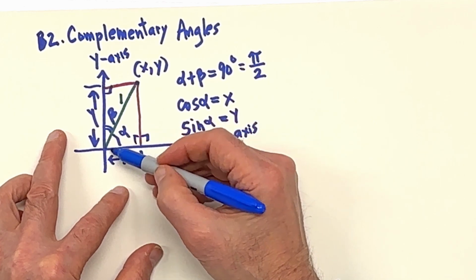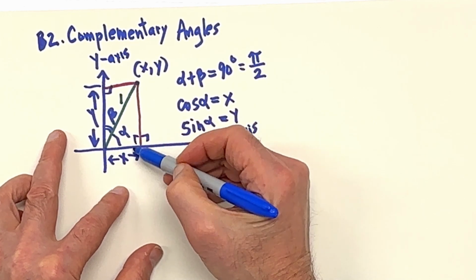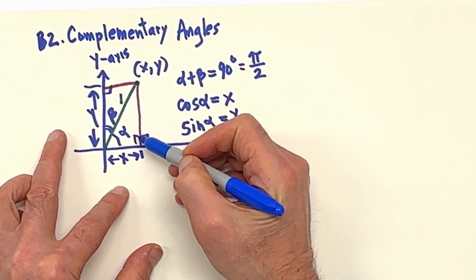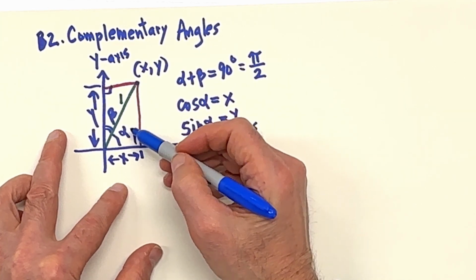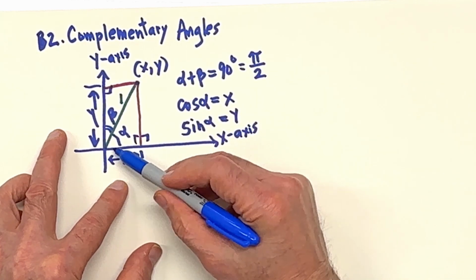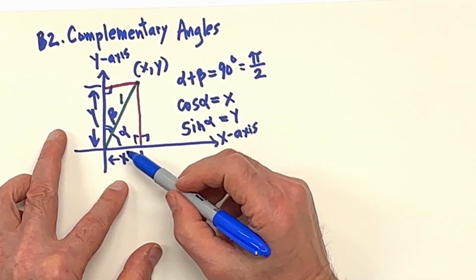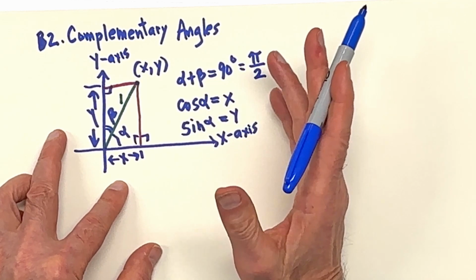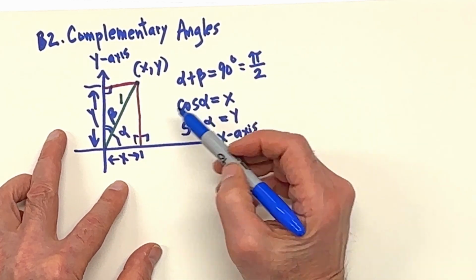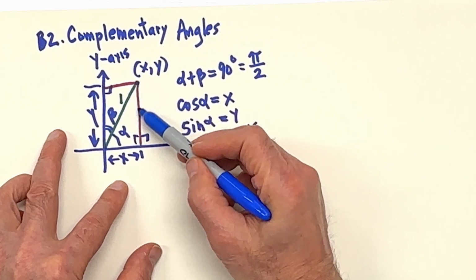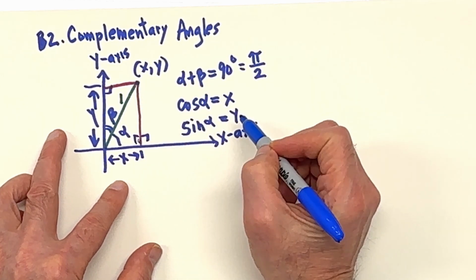The adjacent one is the x, and the opposite one is the y. For the cosine of alpha, you take the adjacent side, x, and divide by the hypotenuse, which is 1 in this case, so it's just x.